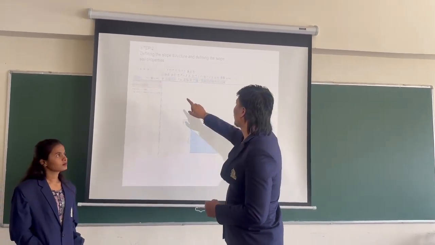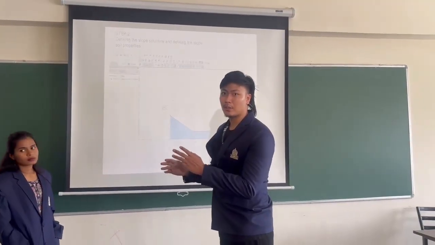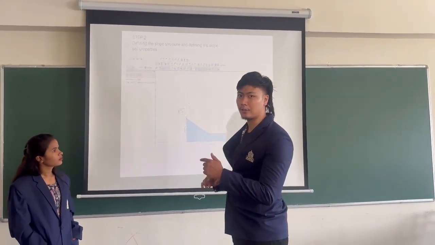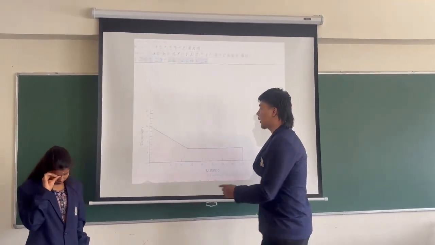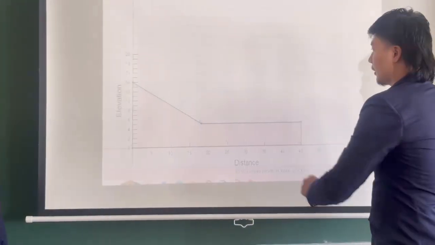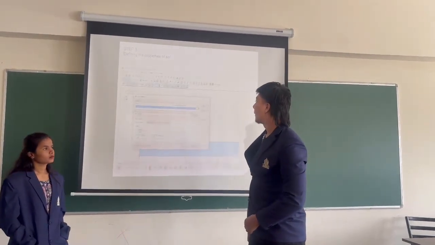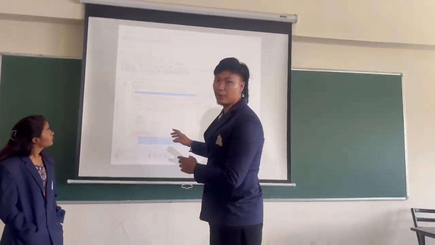In step number 2, we have to define the slope structures and define the elevation, the height elevation for the structures, and the same here for the slope. Here we have to define the properties of the soil.